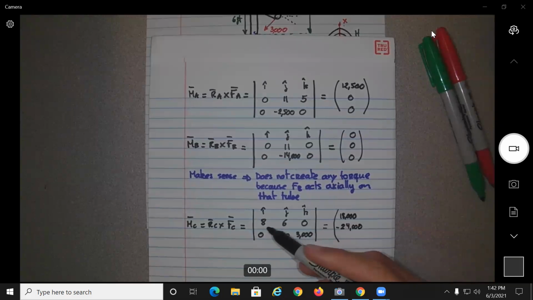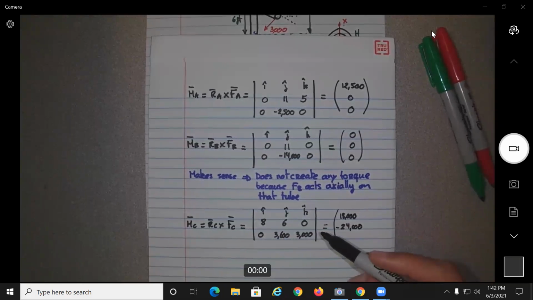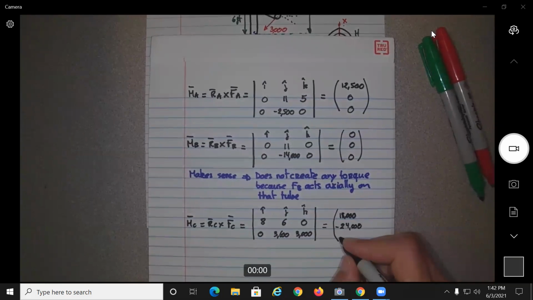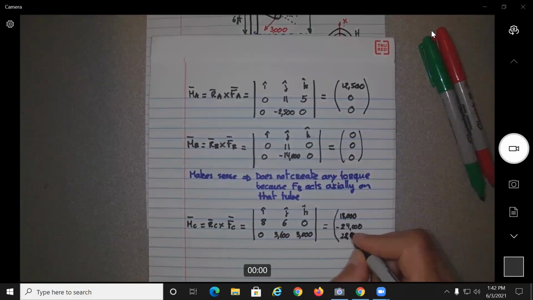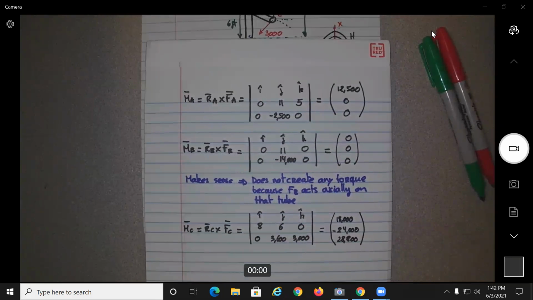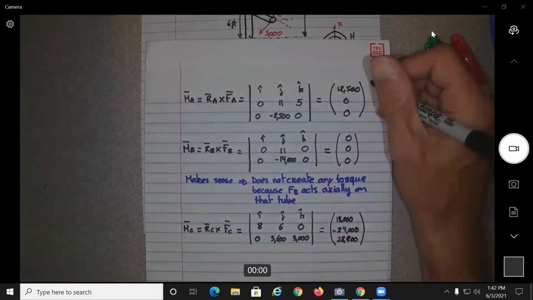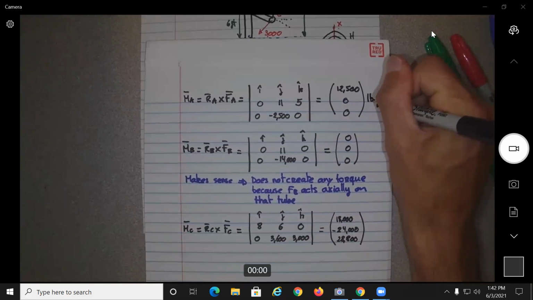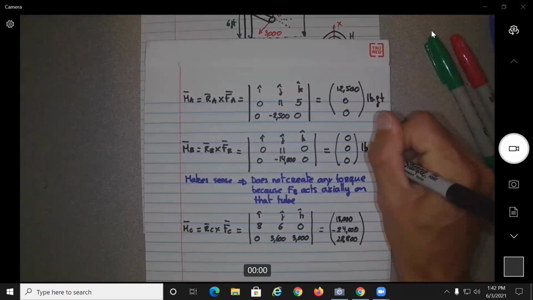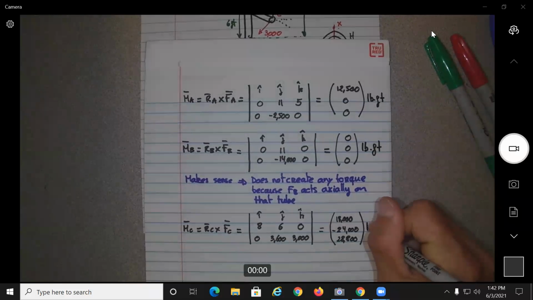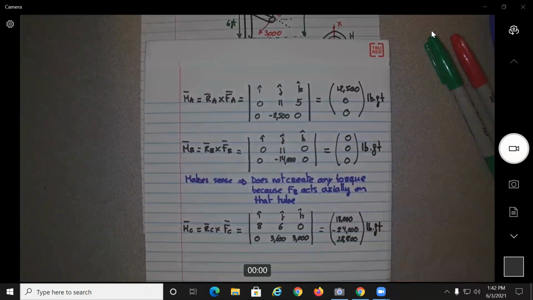And the last one will be 8 times 3600, so that's 34 plus 6 times 8, 40, so 28 and 100. And each one of these units, we need to be careful because this will be LB foot, LB foot, LB foot.